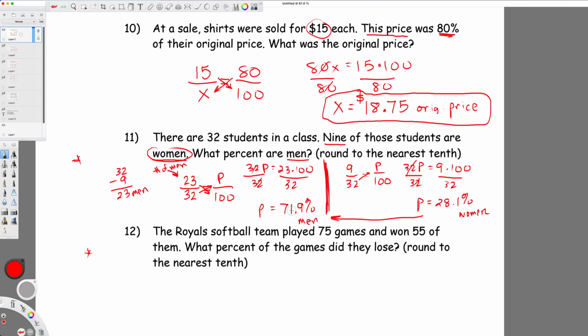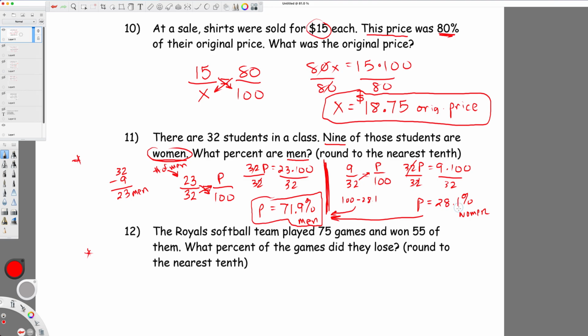Women and men put together is going to be 100%. So if I did this, this is the women percent. I could just take 100 minus 28.1, and that would have gotten me the same answer. The answer has to be the 71.9 because that represents 23 out of 32.